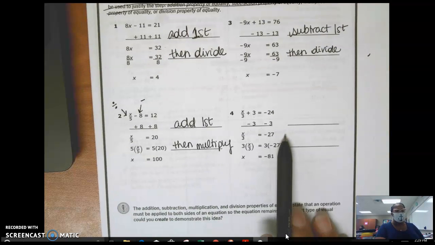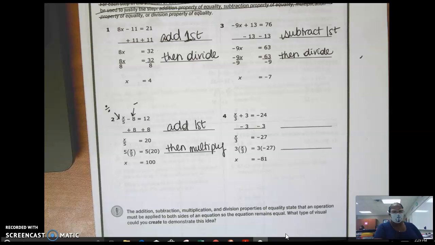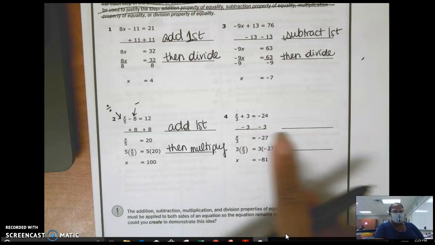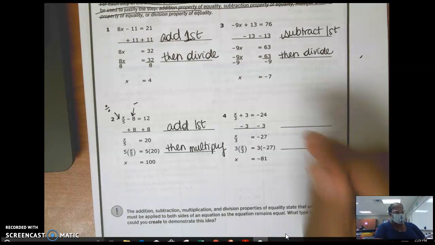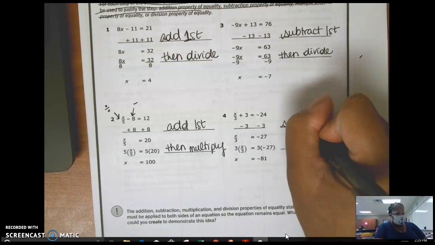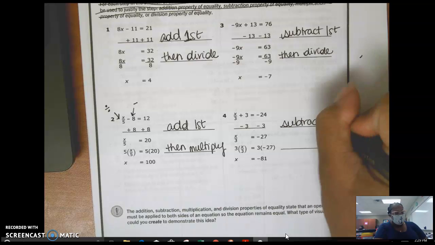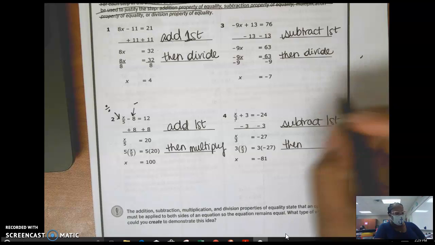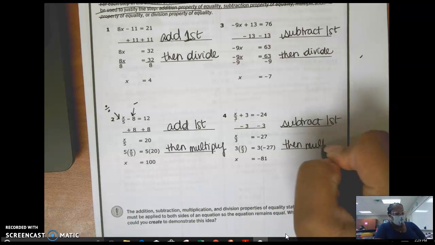Down here, what goes on first? The first step is right here. The first step, y'all. Subtract first. Then multiply, because this is a fraction and I want to do the opposite.